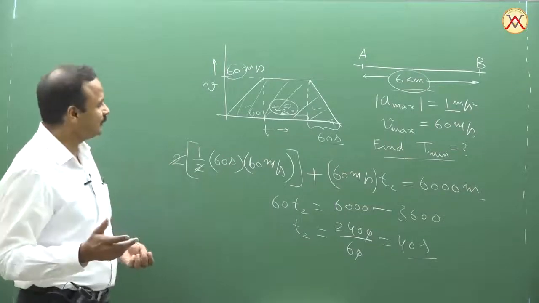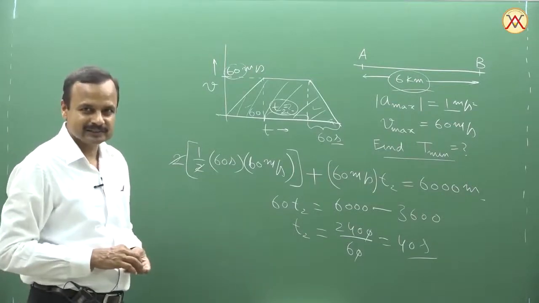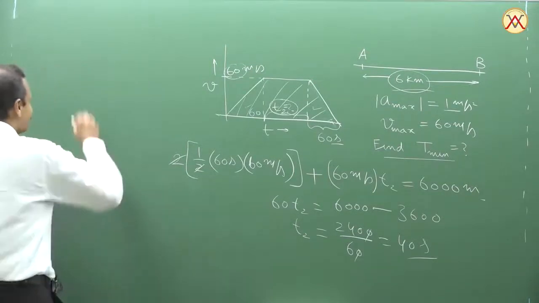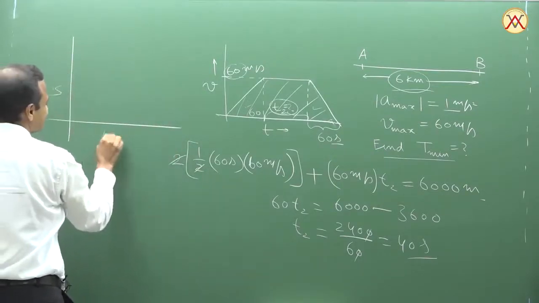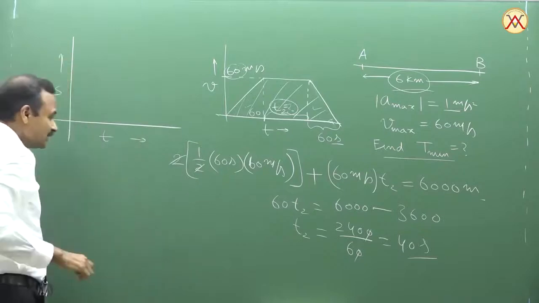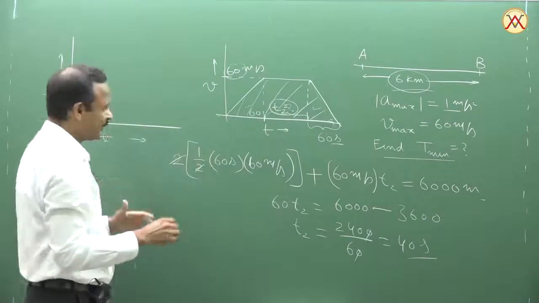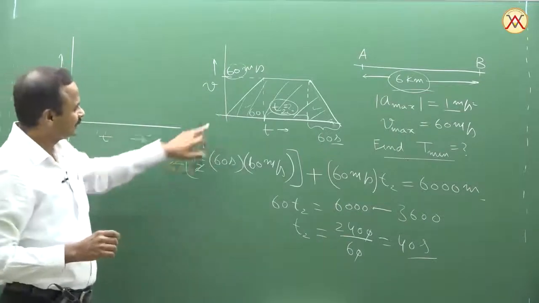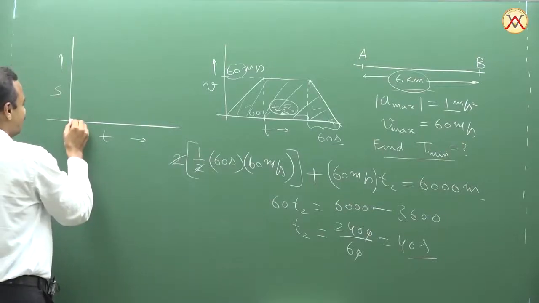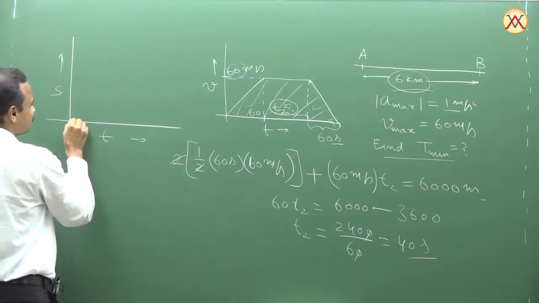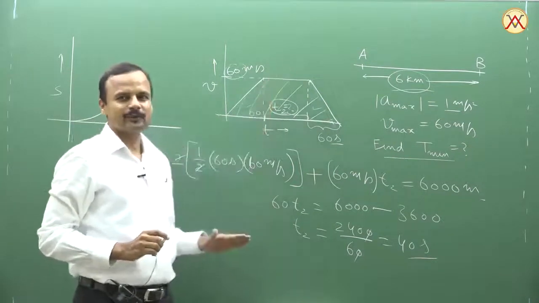By the way, if we are asked what the displacement-time graph will be in such situations, let me plot it here, displacement versus time graph. See, for the first 60 seconds, the train is accelerating starting with zero velocity. So the graph will have a parabola which is swinging upwards, because it's a positive acceleration.